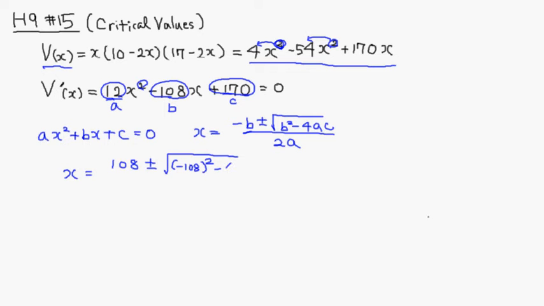Then minus 4 times a, which is 12, times c, which is 170, so that's a big square root, all over 2 times a, and a in this case is 12. So we just have to get these values.